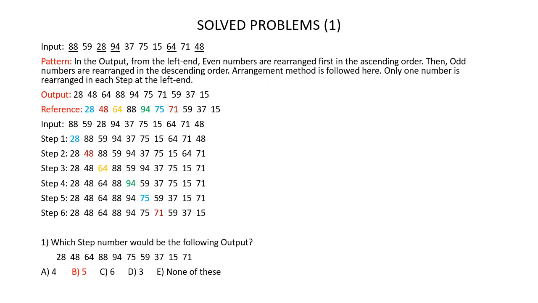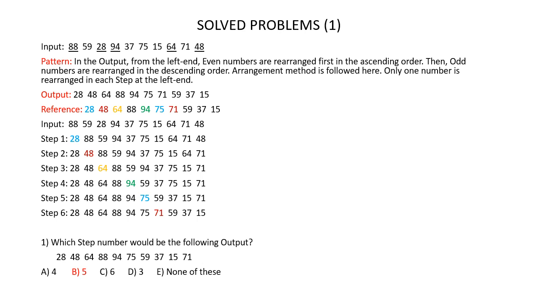This means that the rearrangement of the numbers is done in each step in the same order as is given in the output. So the reference line now looks like this: 28, 48, 64, 88, 94, 75, 71, 59, 37 and 15.